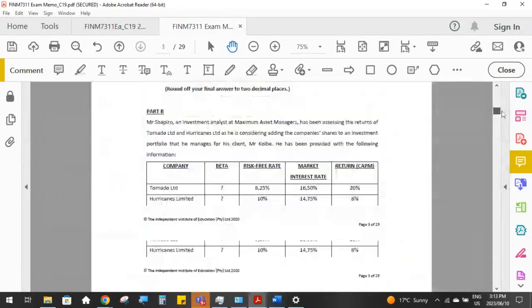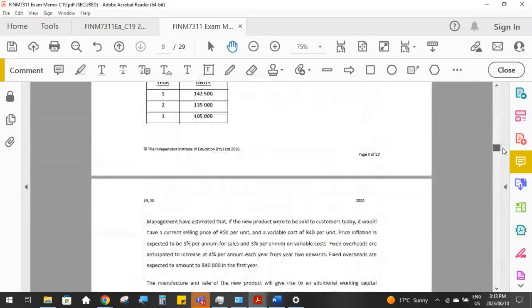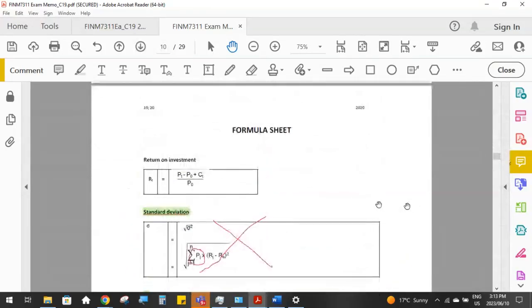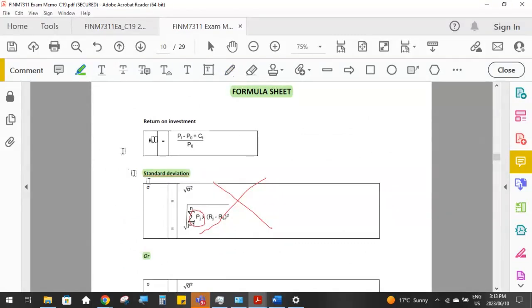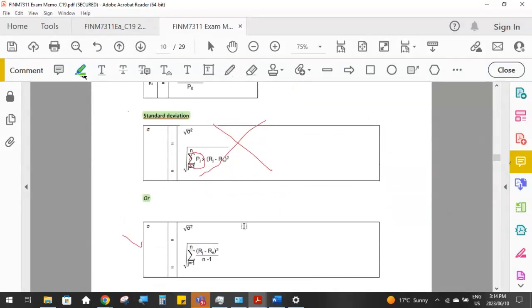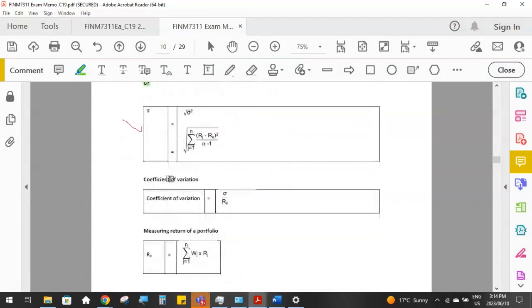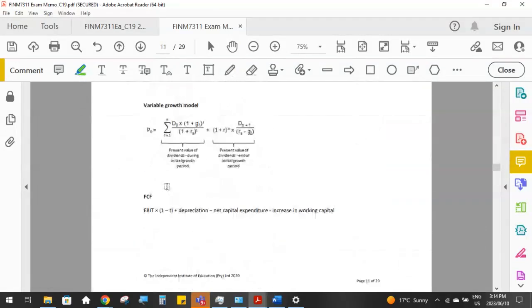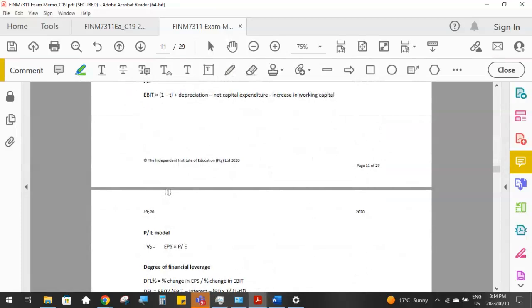Okie dokie, guys. And again, please remember, as I've showed you here, this formula sheet is very important. You must work with it while you revise now so that you are used to working with it. You see it's got no keys included. Some things are on the formula sheet, some things are not on the formula sheet.